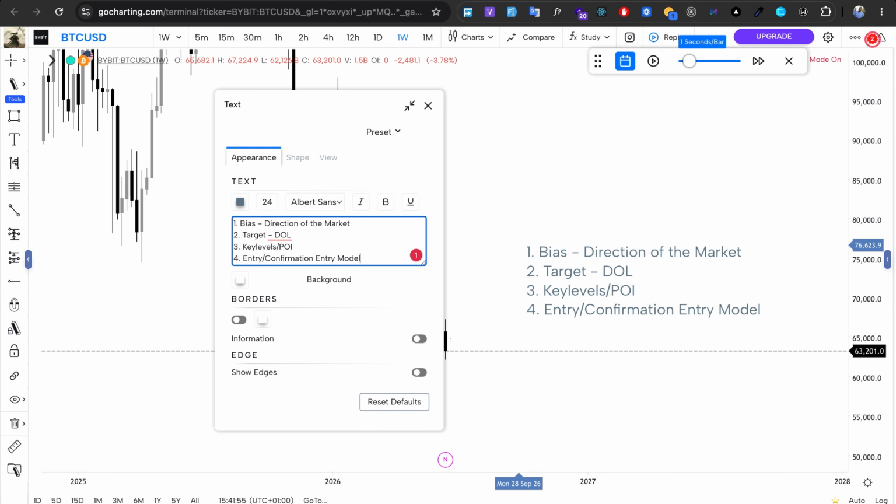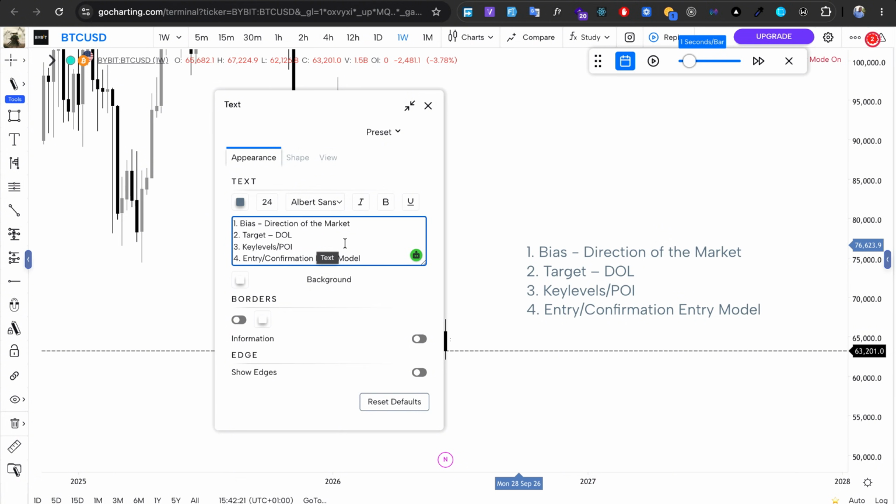I believe every one of us has what they look at when price gets to a POI, because I hardly set limits on a point of interest. I would like to see what price does when it gets to that particular key level. So these are the four things I look at to have a good trade.